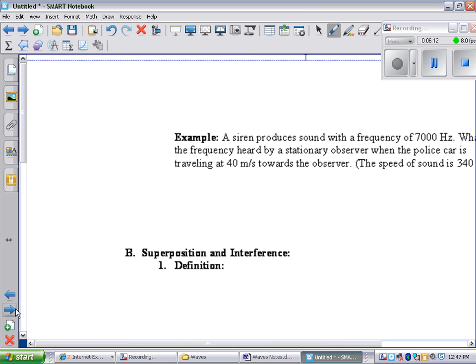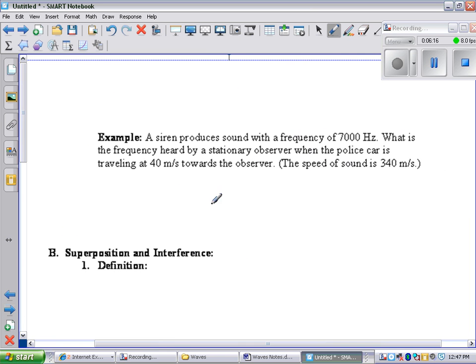So at the top of the next page we have a mathematical example of this. A siren produces a frequency of 7,000, so that's the regular frequency of this thing, is 7,000. We have a stationary observer, so that's telling me VO is 0. And the police car is the source of the sound, so Vs is the speed of the police car. Vs is 40.